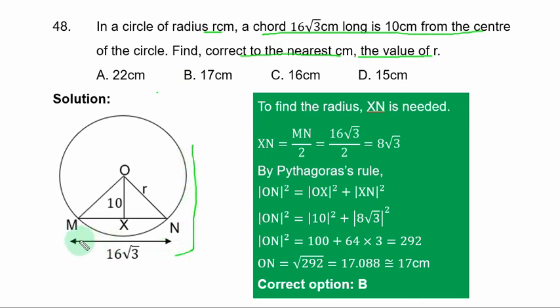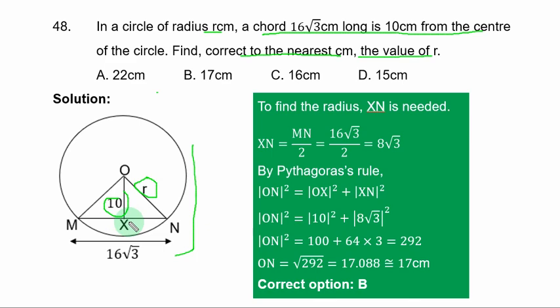A chord is the line that joins any 2 points of a circle together. So the chord is MN, and its distance from the center is 10, and you have the radius. For us to get the radius, we need to get either NS or MS, or SN and SM. Here it is better that we get SN, so let's get SN.